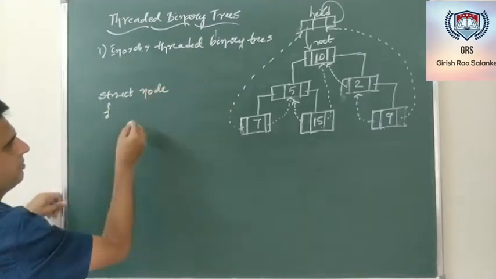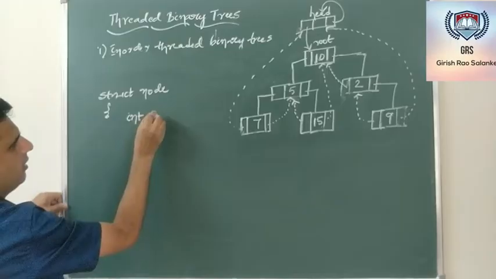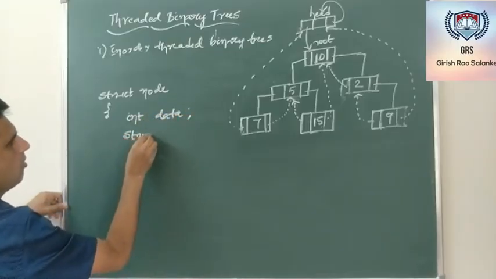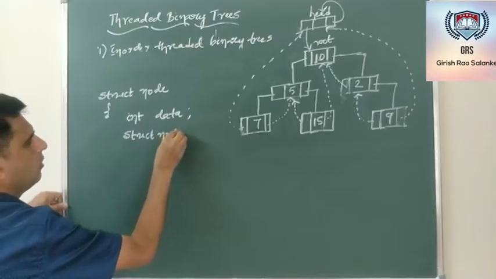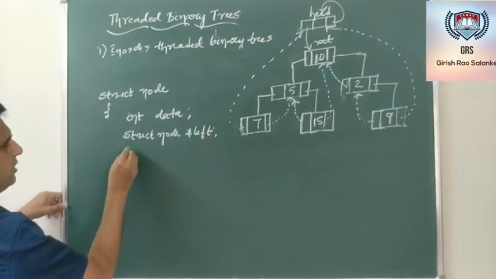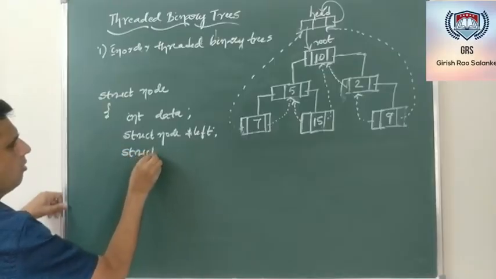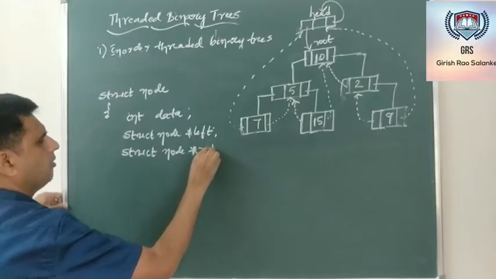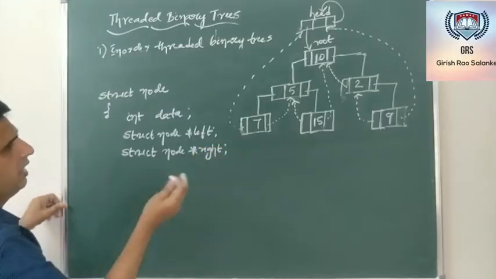This may be with respect to integers. So the data part, let me take it as int data. Struct node star left holds the address of the left child. Struct node star right holds the address of the right child.